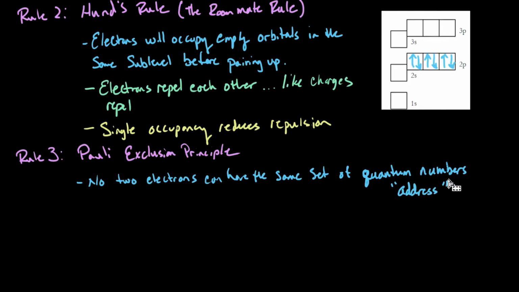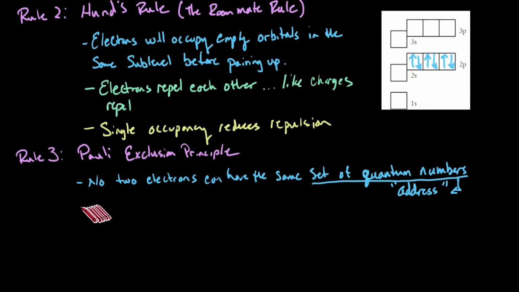Think of the set of quantum numbers as the address, and no two electrons around an atom can have the same address. All right?